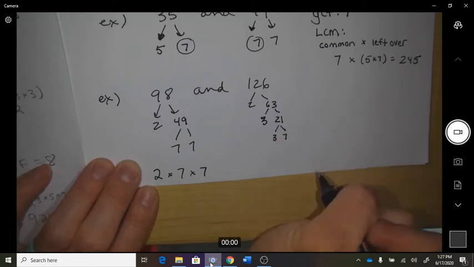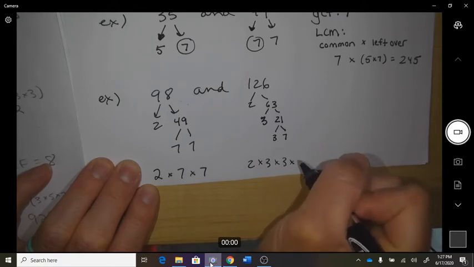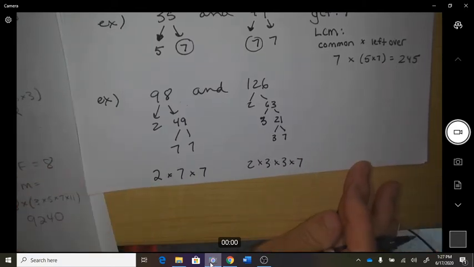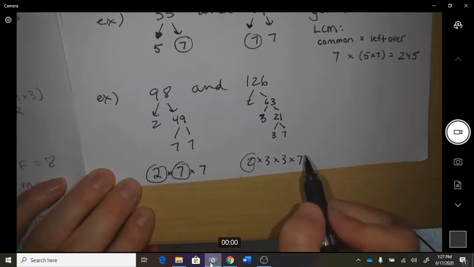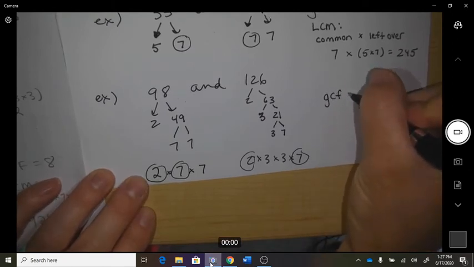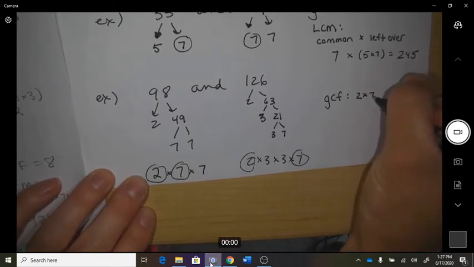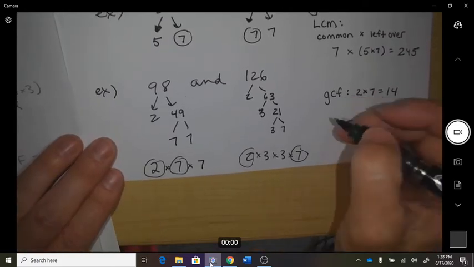And then I can't go any further. I'm all primes. So 2 times 3 times 3 times 7. Okay, so what do they have in common? They both have a 2. They both have a 7. So the greatest common factor is that they both have a 2 and a 7. So greatest common factor is 14.